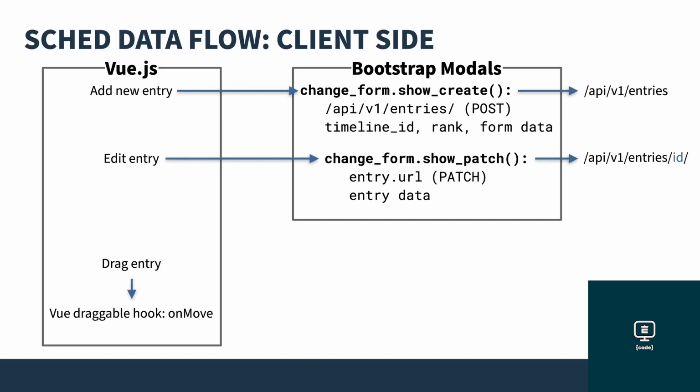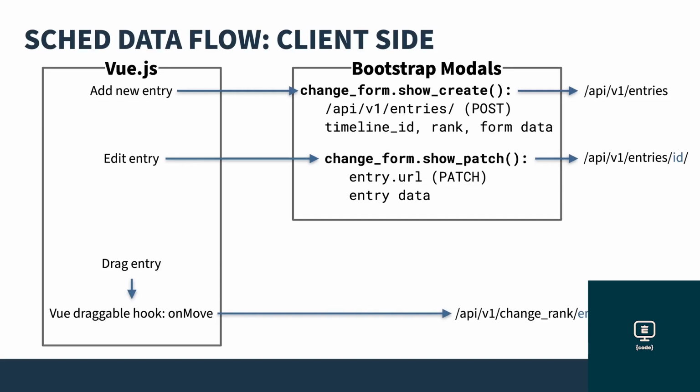This is done through a library called VueDraggable. VueDraggable has a hook on it for the onMove event. The function that is called in the onMove event figures out what entry has been changed and calls through REST the change rank call. This passes in the ID of the entry being changed and the new rank.